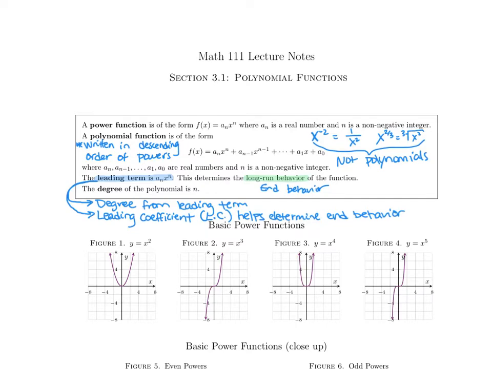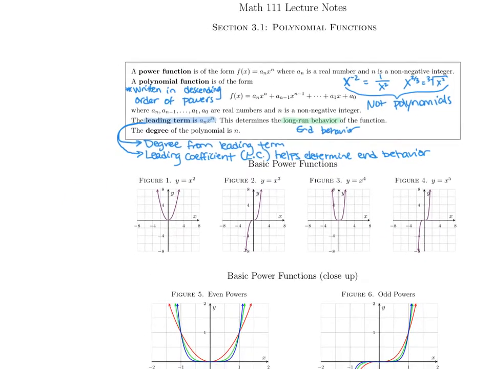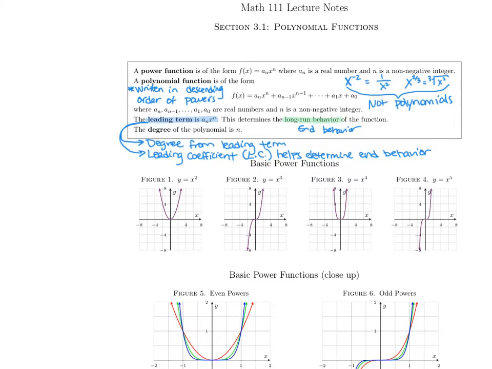So end behavior is determined by the degree, whether it's even or odd, as well as the leading coefficient, whether that's negative or positive. I don't know how they're teaching it currently, but I used to teach it in a box, or in a grid like this, and say, okay, we're going to look at the degree, see whether it's even or odd, and then we'll look at the leading coefficient and see whether that's positive or negative.